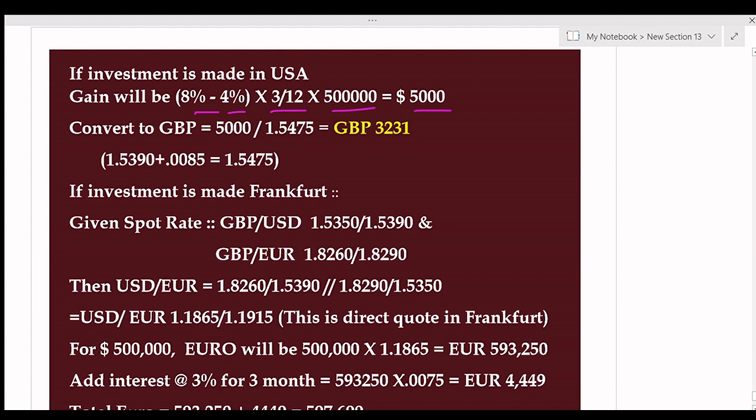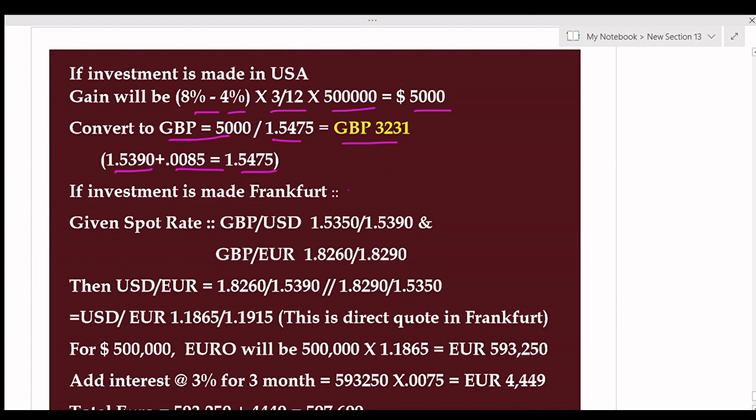Convert to GBP: $5,000 divided by 1.5475, that is 1.5390, the ask price, plus 0.0085, the forward premium, is equal to 1.5475. You will get GBP or pound 3231.